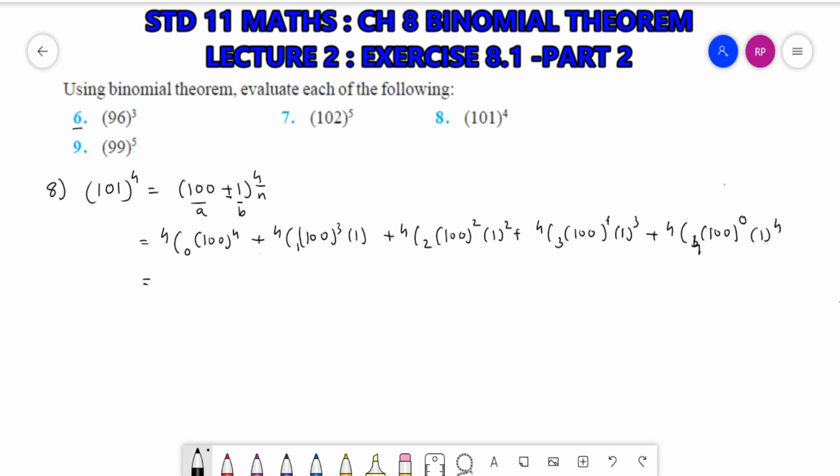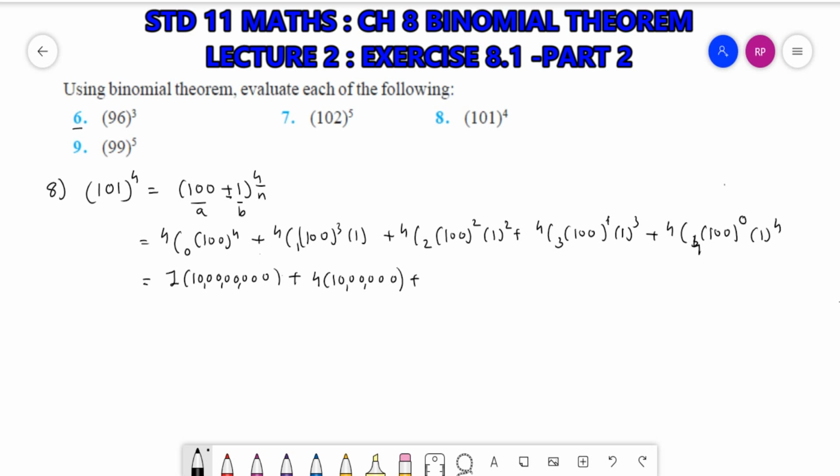So 4C0 will be equal to 1 and 100 raised to 4, 1 2 3 4 5 6 7 8, that is 10 crore. Plus 4C1, that is 4, 1 2 3 4 5 6, so it's 40 lakh.